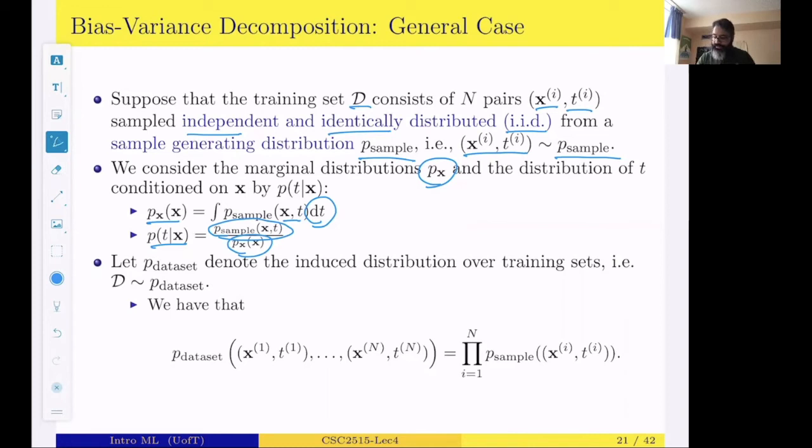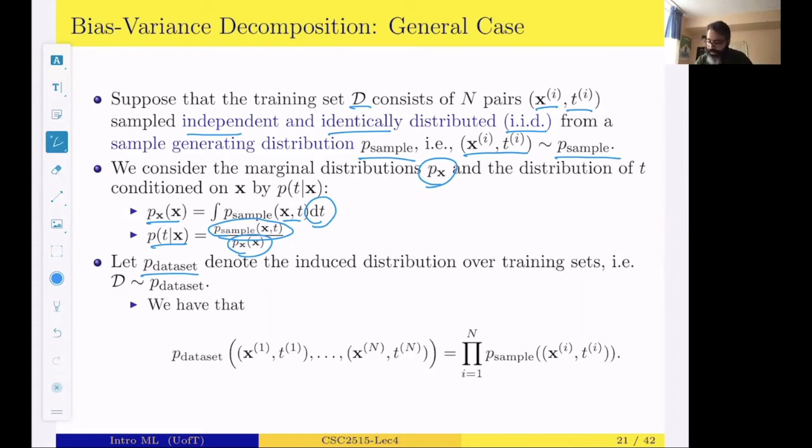Another distribution that we have is the distribution over samples, over data sets. So P of data set is the distribution induced by training sets. We have n samples, so it would be a distribution over n samples from that P sample.